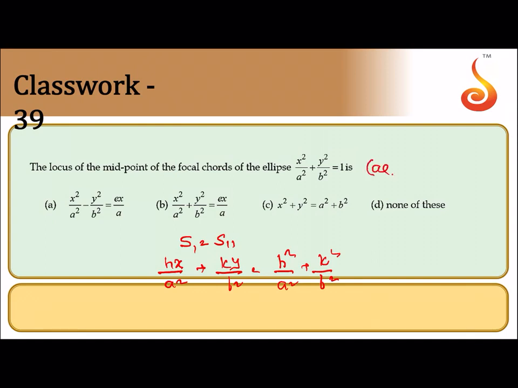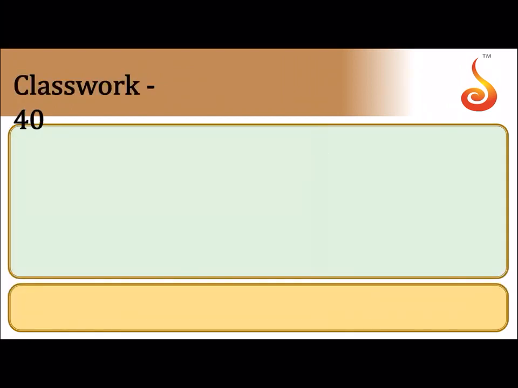The locus of the midpoint of the focal chord of the ellipse passes through (ae, 0). So if we substitute (ae, 0), we get the required locus. So the locus will be x square upon a square plus y square upon b square is equal to e by a. Option B will come. So S1 is equal to S11 is the definition for a chord with given midpoint.